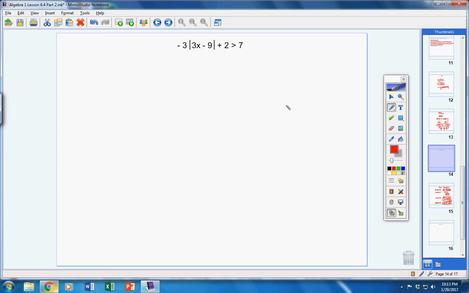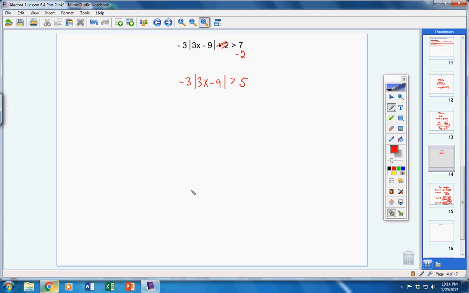Alright, step 1. Isolate the absolute value. Now here's your absolute value. We have to get rid of a 2 and a negative 3. So first of all, always save the multiplying number for last. Bring your 2 over and make it a negative 2. And you're left with negative 3 times the absolute value of 3x minus 9 is greater than 5.